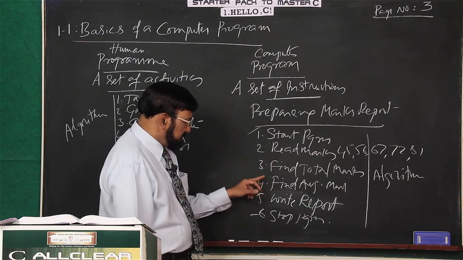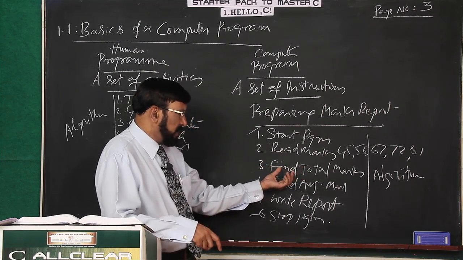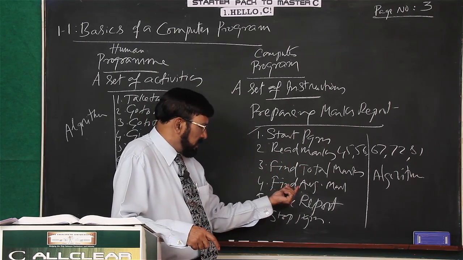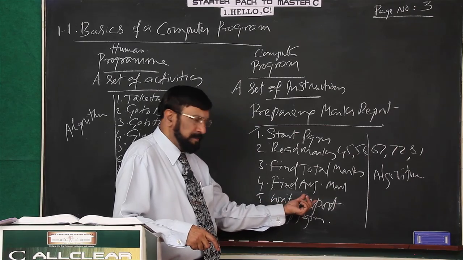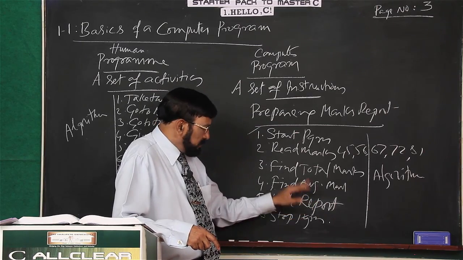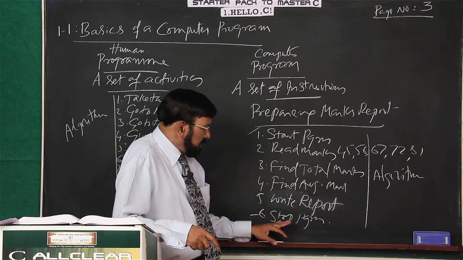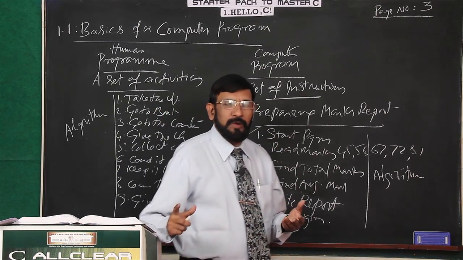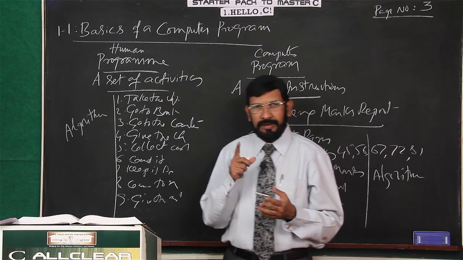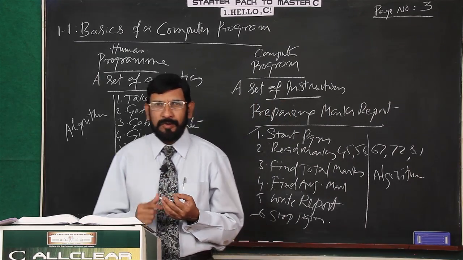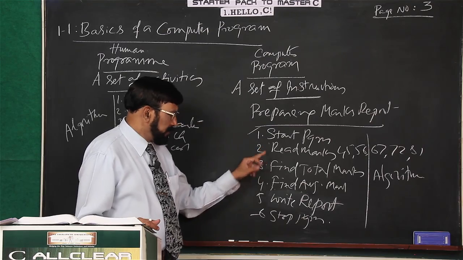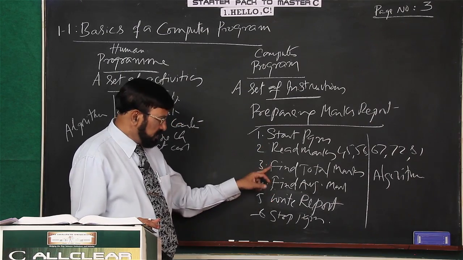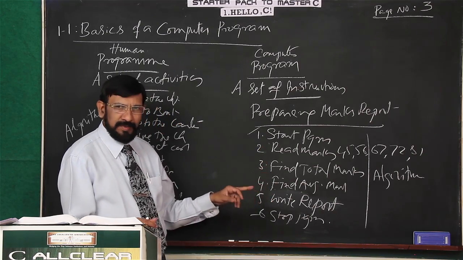Then this is the process: the system calculates total marks and average marks, and then prints the report. So this is the output. Then your task is performed and it is stopped. So in every program, commonly you can find start program and stop program, reading and writing. These are the common steps. This is the processing.